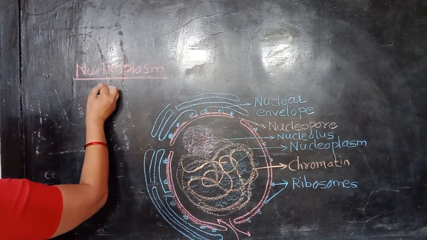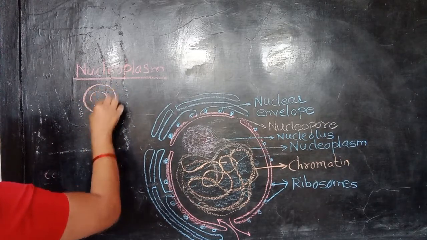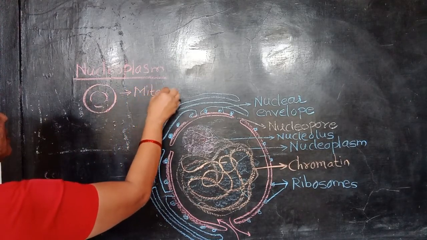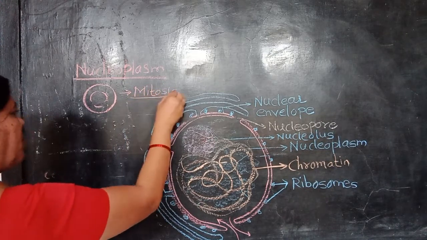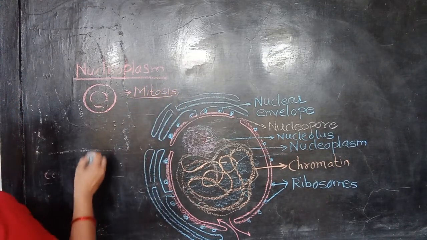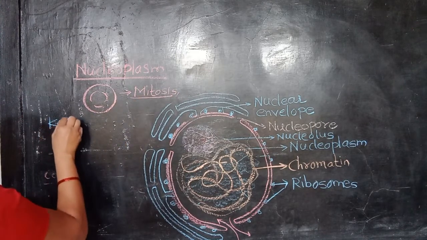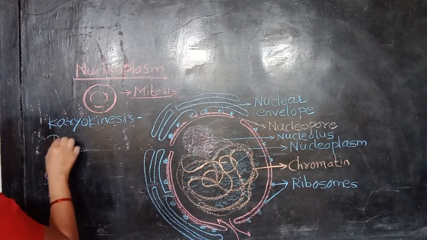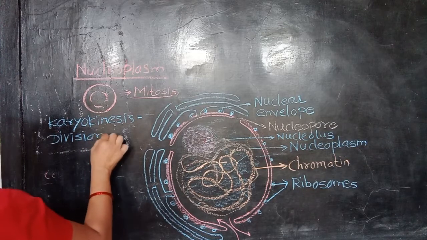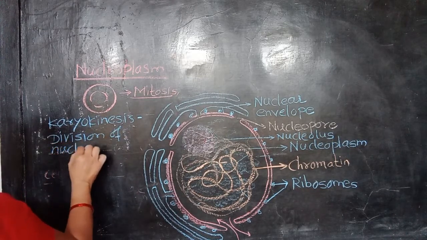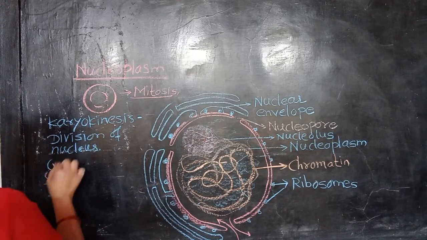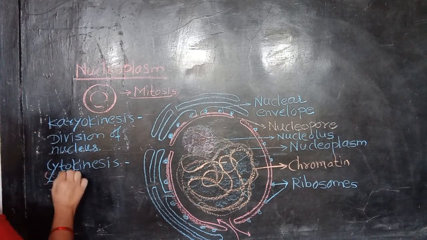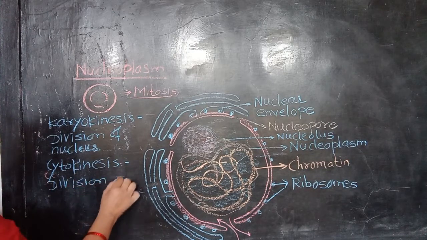See, if this is a cell with a nucleus, and this cell undergoes mitosis, it is a cell division in which the chromosome number remains constant, and mitosis has two stages, that is karyokinesis, which means division of the nucleus, and cytokinesis, which means division of the cytoplasm.